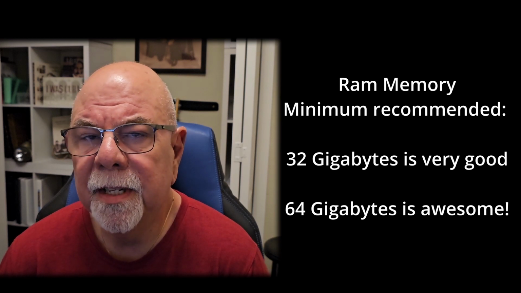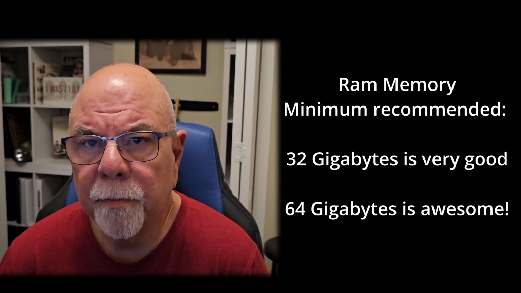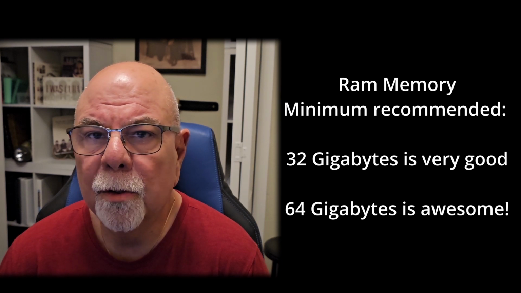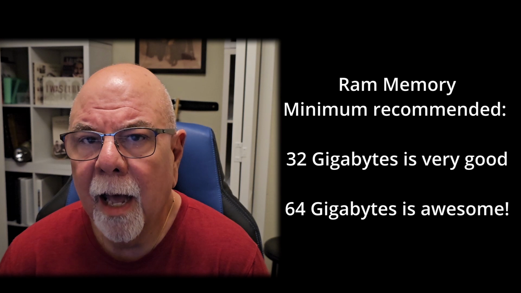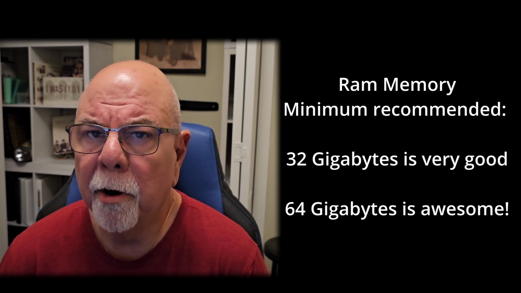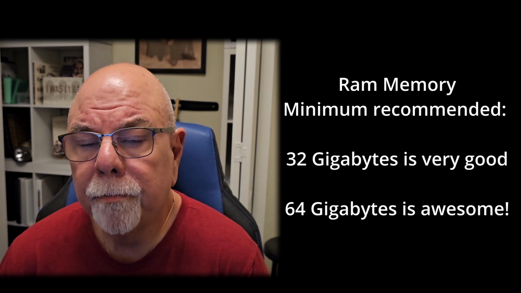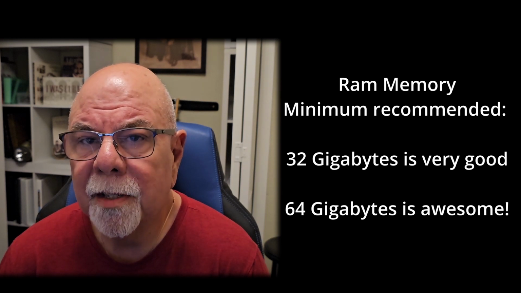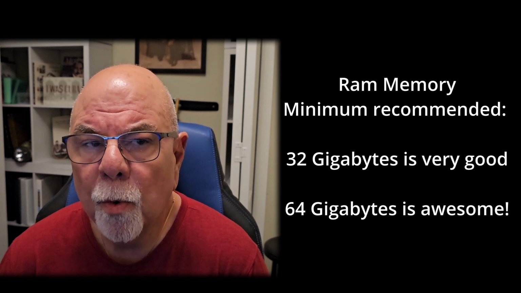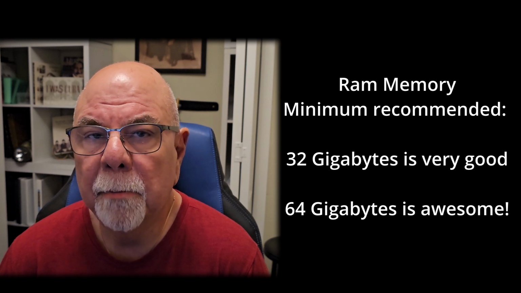The processor loads as much information as it can into RAM, which is temporary memory, but very fast. And so the processor handles the software and manages what information is going to be kept in RAM.